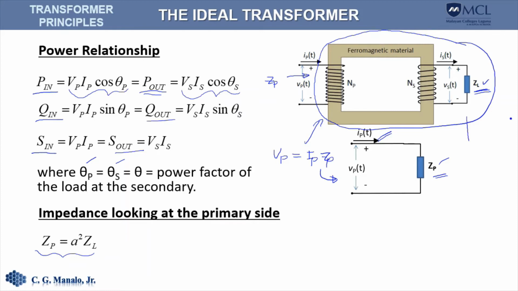On the secondary, using Ohm's law as well, the secondary voltage equals the secondary current times Z sub L.